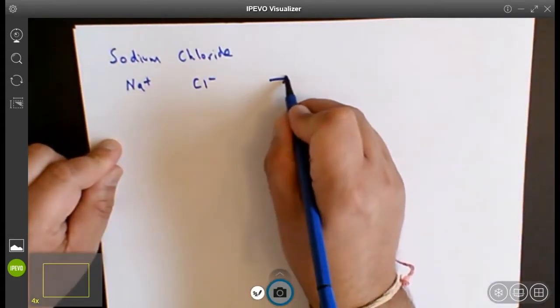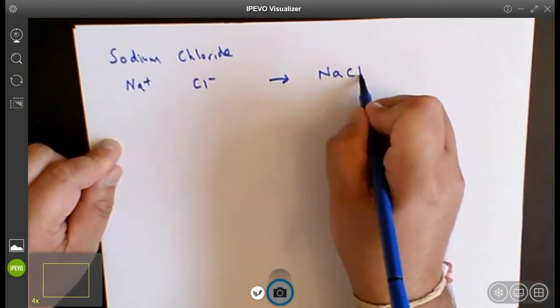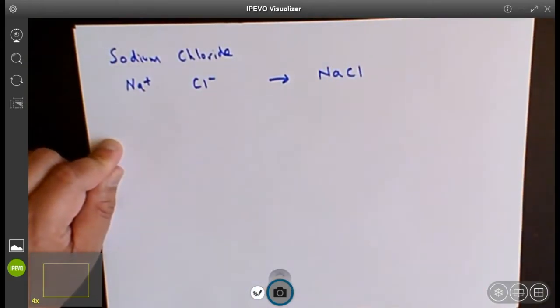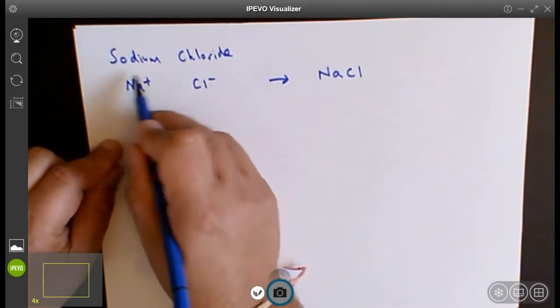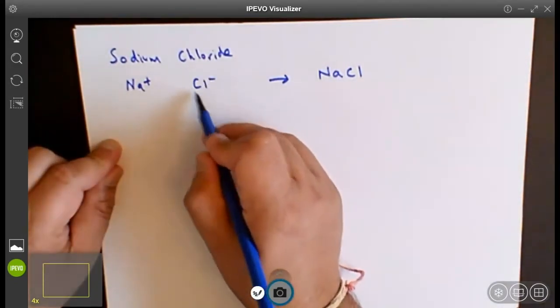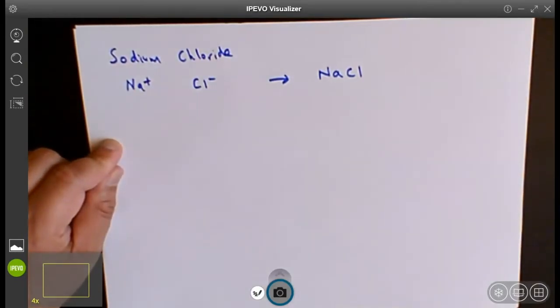So we know the formula there is NaCl, sodium chloride. We should be happy with that, because for every +1 charged sodium, you need 1 negatively charged chloride ion.